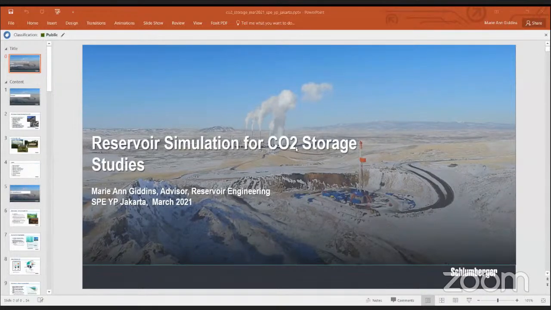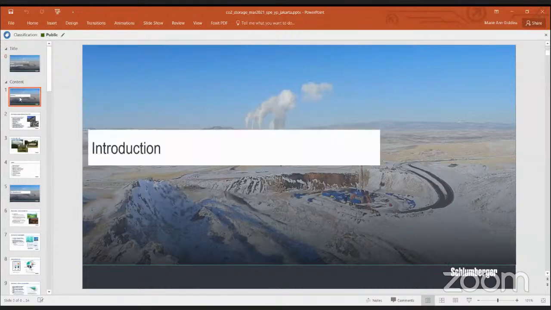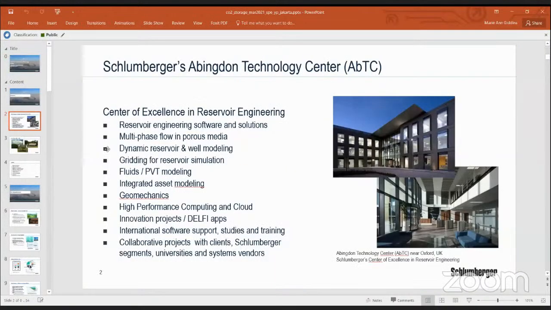So first of all, thank you so much for the invitation to speak and for the introduction today. I'm going to welcome you on a virtual visit to Abingdon Technology Centre in the UK. So first of all, let me introduce you to the Technology Centre. You will see we're a centre of excellence in reservoir engineering for all of Schlumberger. We do software development there for reservoir engineering.